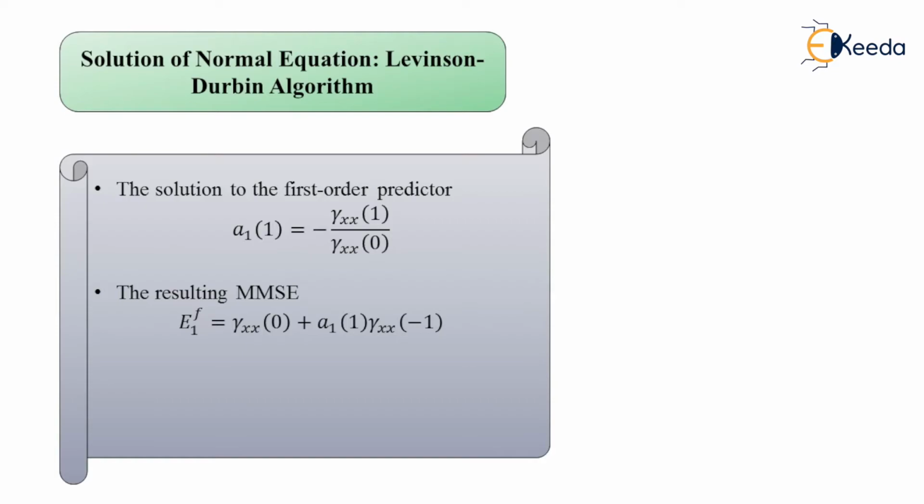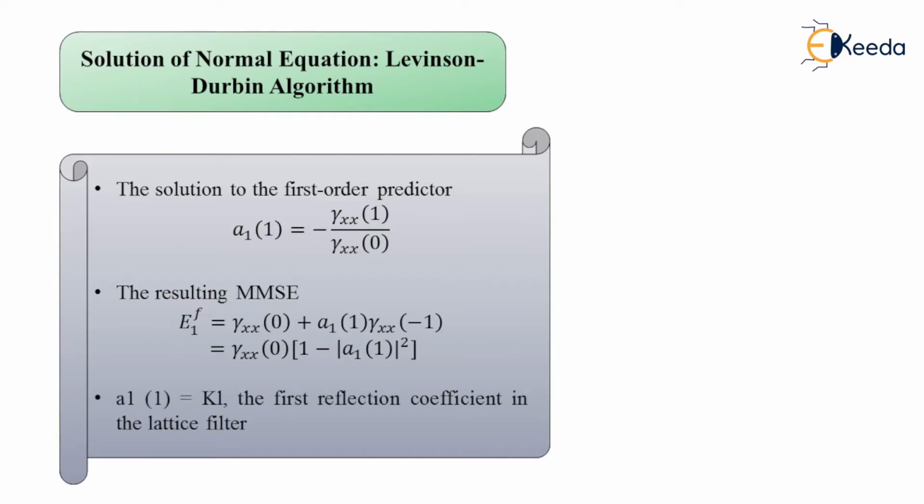In the next step we can also write it by taking gamma suffix xx of 0 common outside the square bracket, and inside it will be 1 minus mod square of a1 of 1. Now a1 of 1 is also equal to capital K1. K in capital casing we are representing the reflection coefficient. So capital K suffix 1 is the first reflection coefficient in the lattice filter.